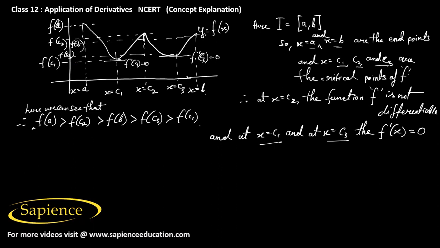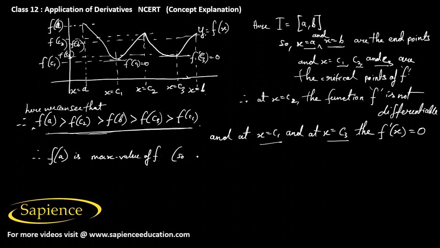So the next step is that we need to find the value of the function f at all these critical points and at the endpoints, and then arrange them in ascending or descending order. So we can see that f of a is the maximum value of f.